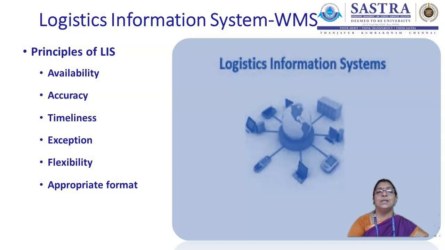So we started our discussion with the principles of logistics information. There are 6 basic principles: availability, accuracy, timeliness, exception, flexibility, and the appropriate format.